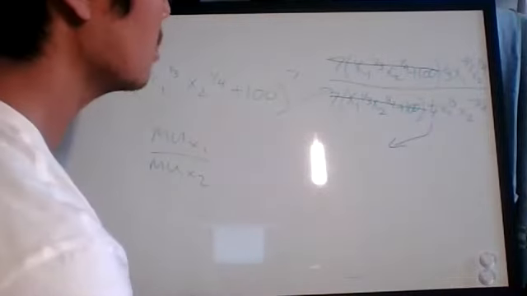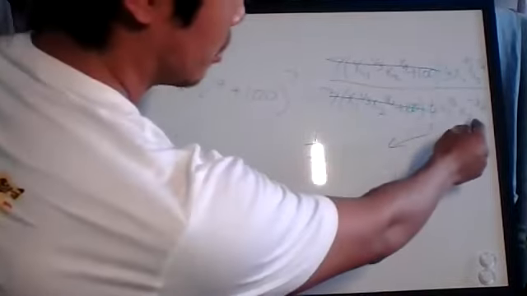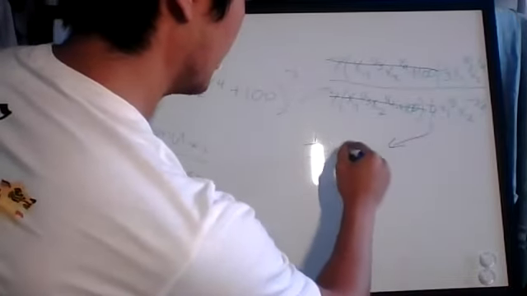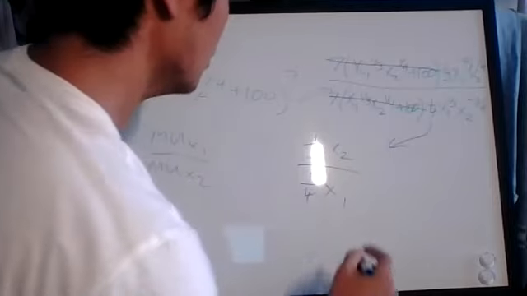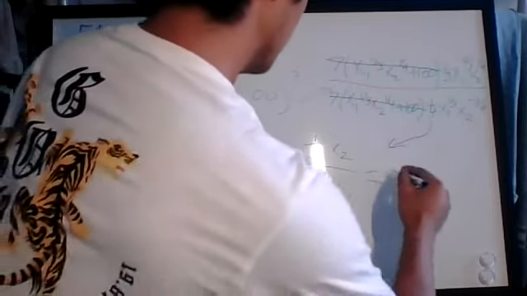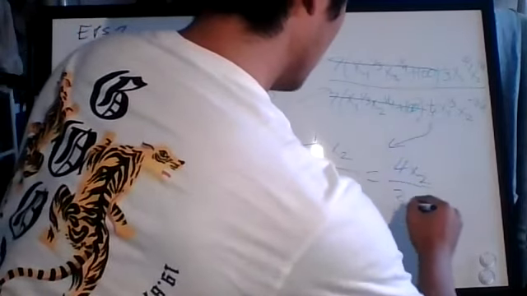And so now I have 1/3. I want to bring this x1 down to the bottom, and I want to bring this x2 back up to the top. I have 1/3 x2 over 1/4 x1, which is just going to be equal to 4x2 over 3x1.